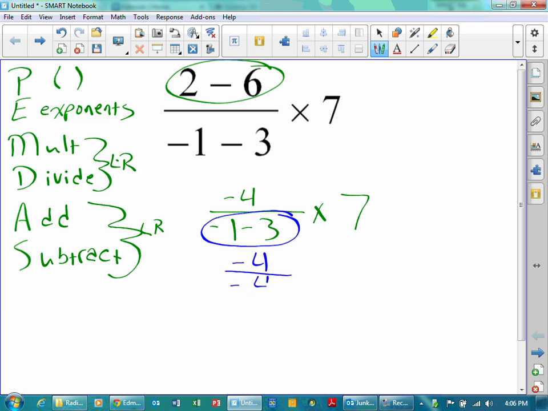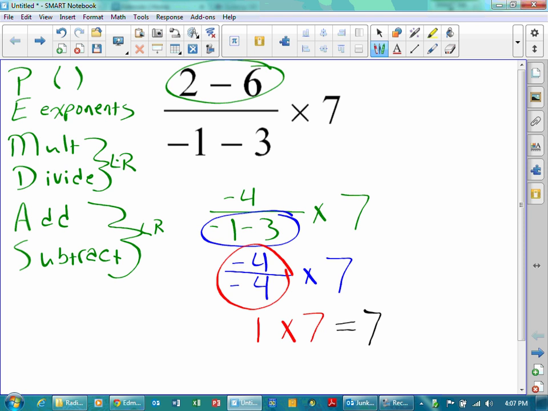We also get negative 4. Then we do the division. Negative 4 divided by negative 4 is 1. And when we multiply, we get 7. There's a huge difference between 7 and negative 13.